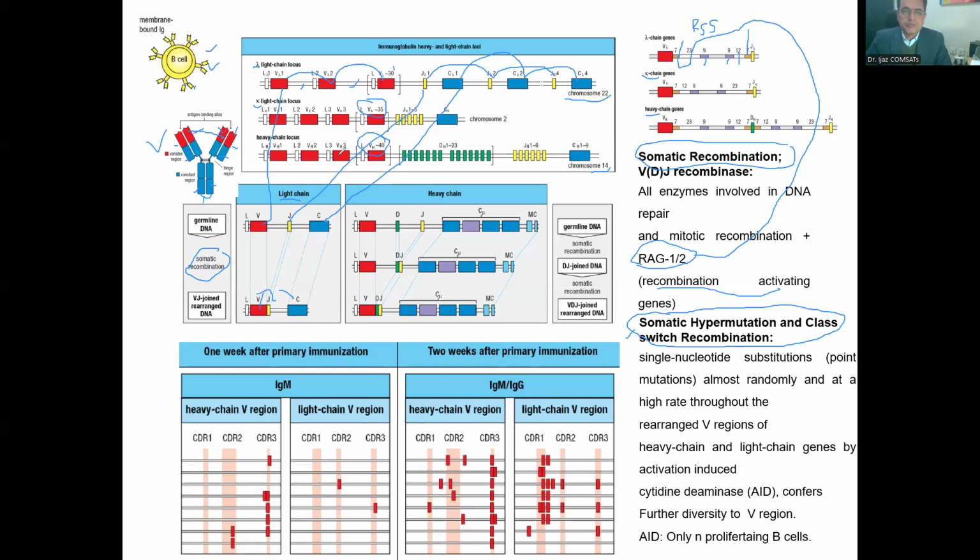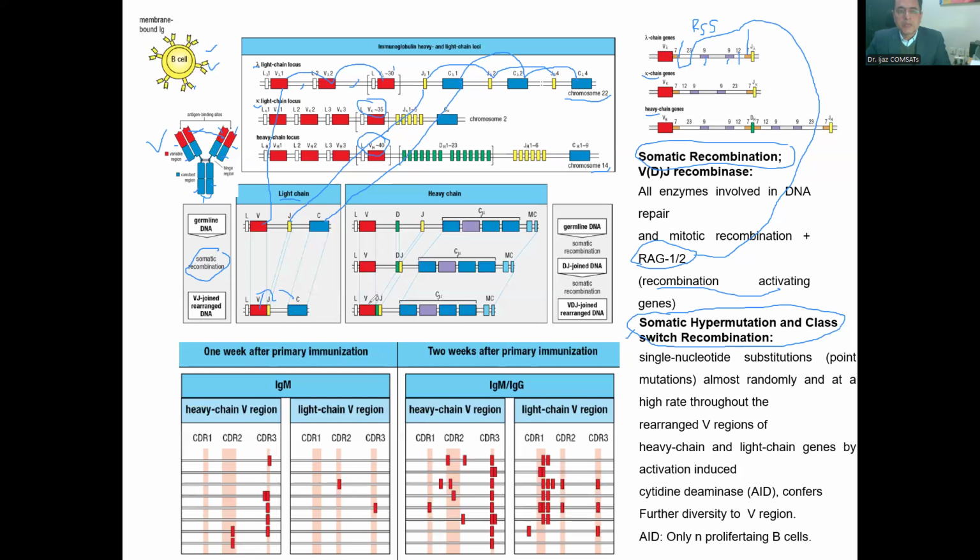This kind of recombination in the case of the light chain is called VJ recombination. In the case of the heavy chain, the variable, diversity D, and J, and constant region C sequences should be brought together. This is called VDJ recombination: VJ recombination for the light chain, VDJ recombination for the heavy chain.